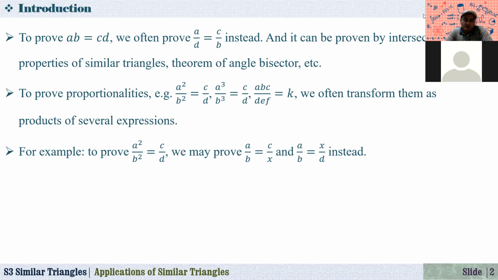Also, their corresponding sides are proportional. But in a math context, sometimes it may not be easy to see. If you're thinking about a bunch of similar triangles, not only two, but three, four, five at a time, problems may get more complicated.